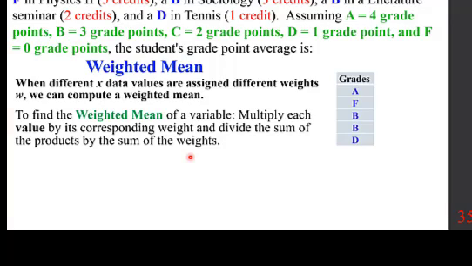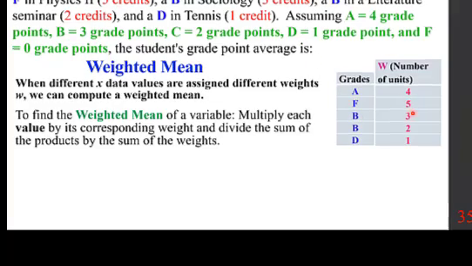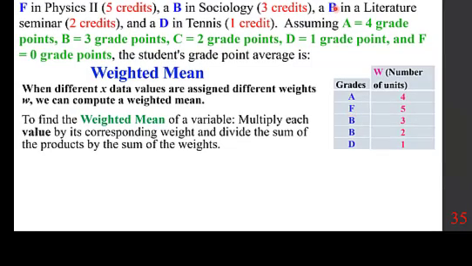And we start with the grades. We know how many units. For example, A is 4. The next one is F, 5. The next one is B, 3. The next one is also B, 2. And the last one is D, 1 unit.